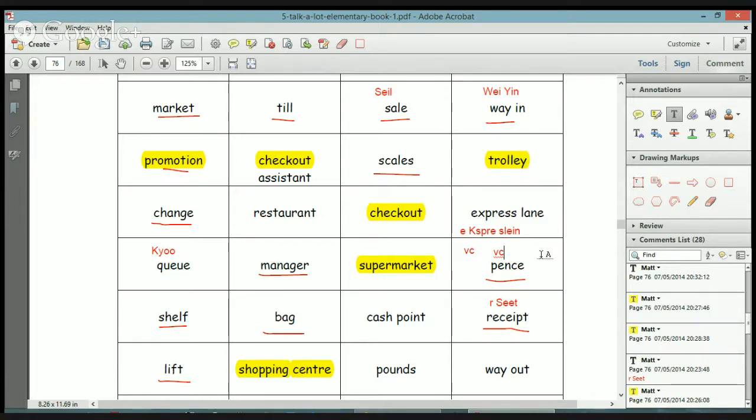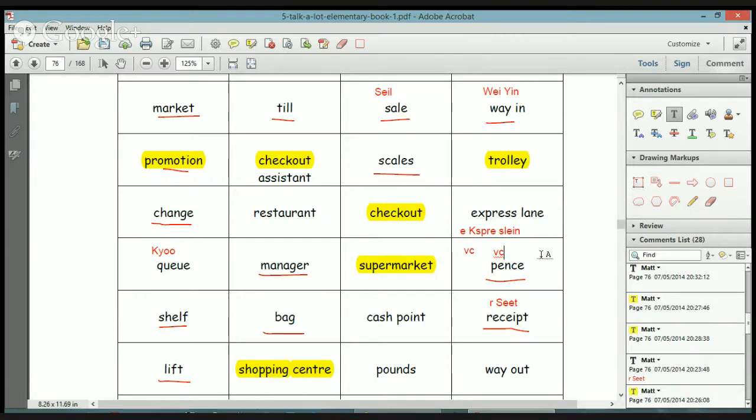If you try to say the two words separately, cash, point, I went to the cash, point, then it won't sound like English. It won't sound like English because it's without connected speech.